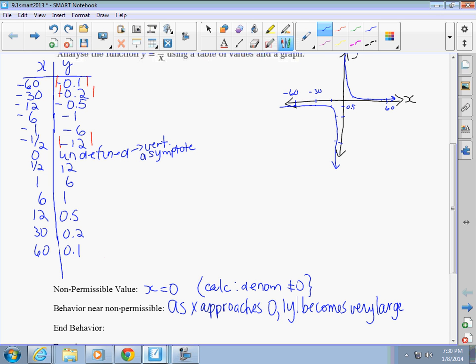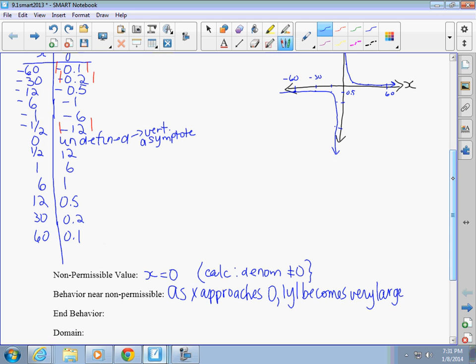At 12, it was a half. At 30, it was 0.2. At 60, it was 0.1. If I went to 120, that's going to be 0.05. If I go to 240, it's going to be 0.025, and so on and so on. So that number is getting closer and closer to 0, but it's never going to 0.